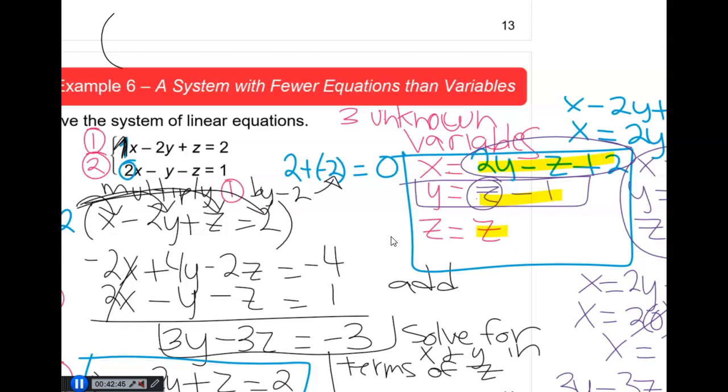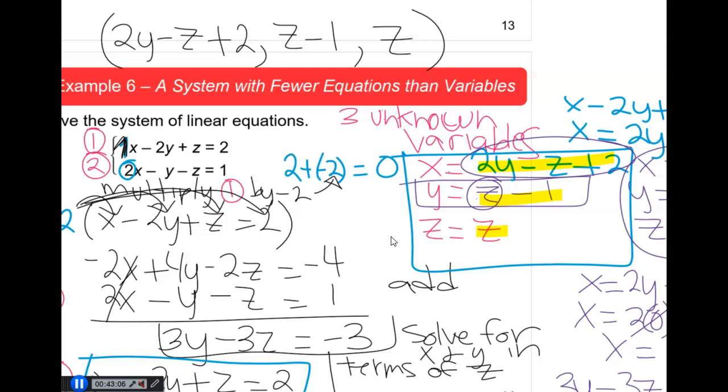So first for x, instead of a number, we have the expression 2y minus z plus 2, comma, then the one for y is z minus 1, and finally z equals z, we just leave it like that.